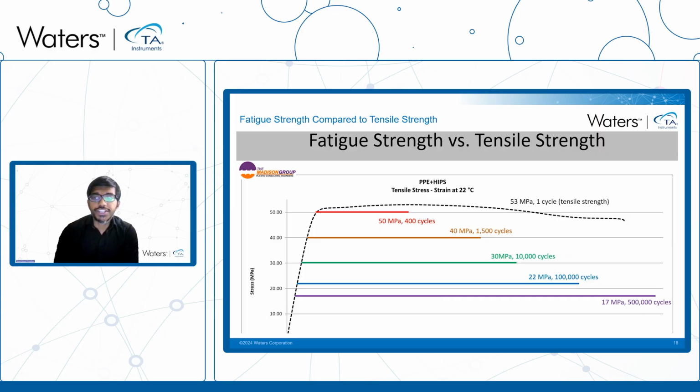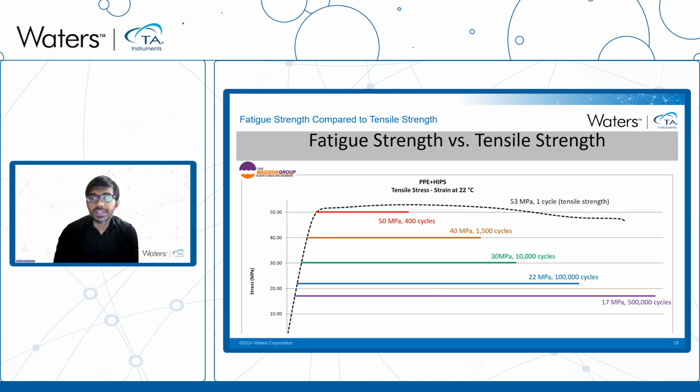Now, as illustrated here, the fatigue strength of the PPE plus HIPS material is lower than its tensile strength. Fatigue strength is the stress the material can withstand for a specific number of cycles before fatigue failure occurs. And fatigue failures occur due to the accumulation of damage to the polymer molecular structure over repeated cycles of stress, often well below the tensile strength of the material.